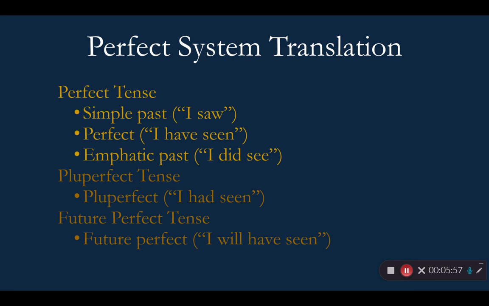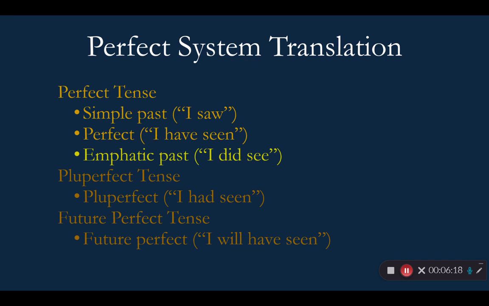The third way to translate the Latin perfect tense is with the English emphatic past. Here, the helping verb is did. I did see. And this works, the helping verb did works for any person and number combination.